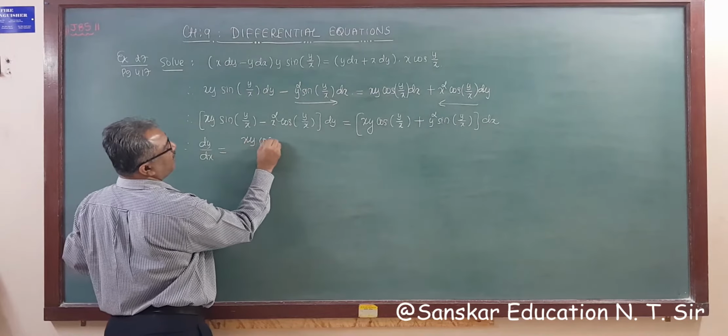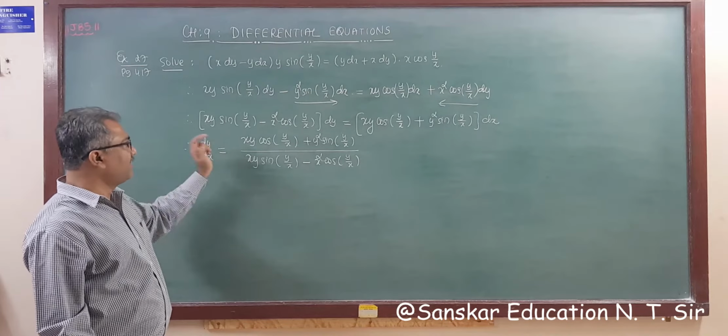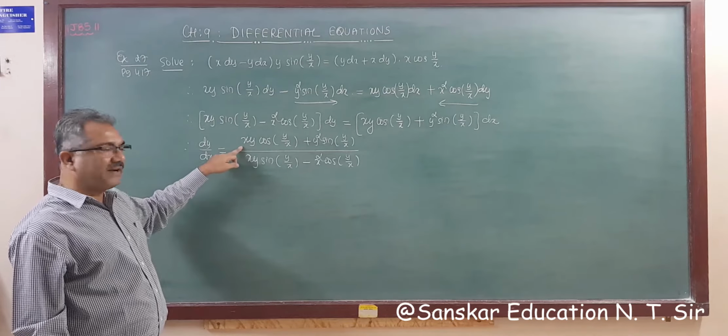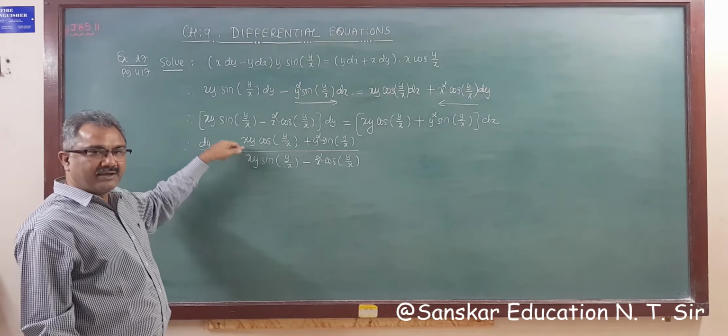Now we need y by x. If we assume y by x is equal to v, first we take x square common, that is, divide by x square in numerator and denominator.